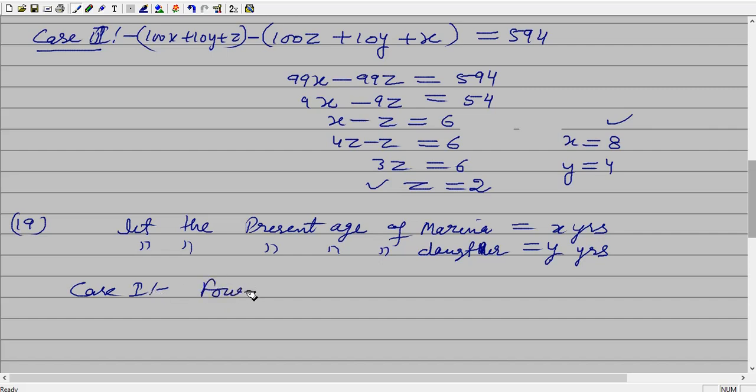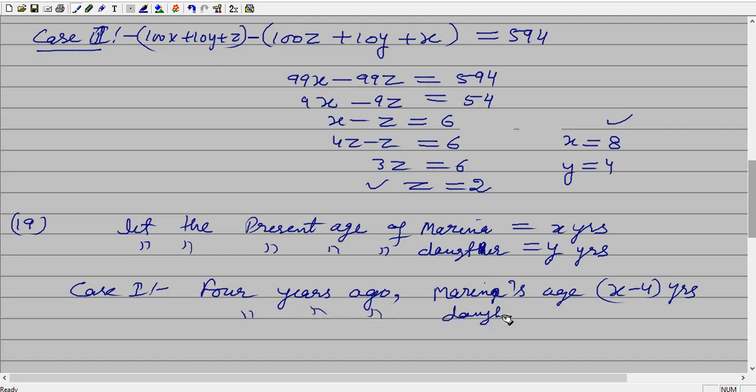In case 1, the very first case, the question says 4 years ago. First write down like this: 4 years ago Marina's age was X minus 4 years, and 4 years ago the daughter's age was Y minus 4 years.